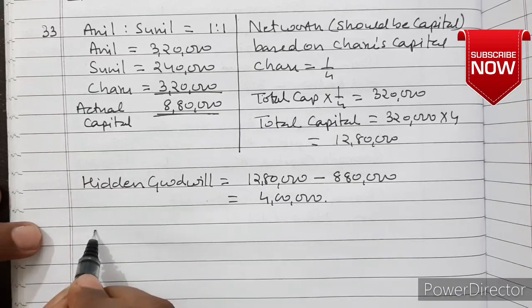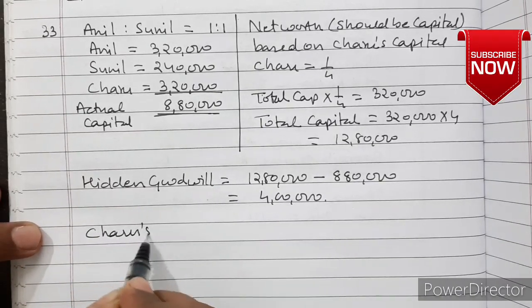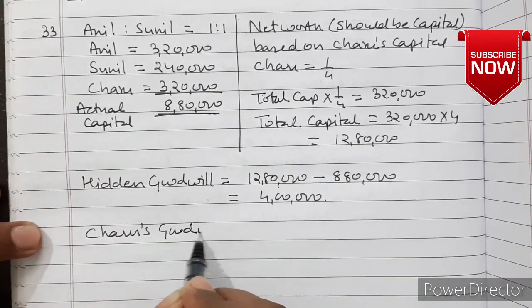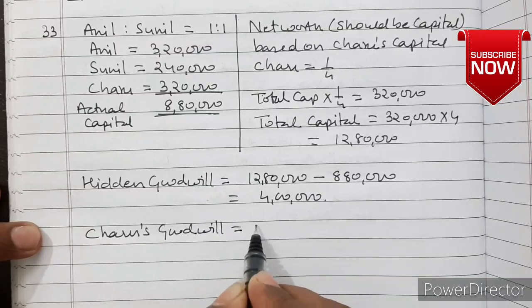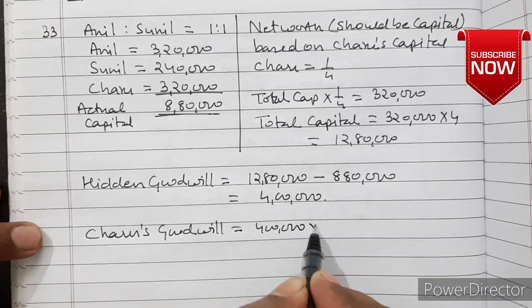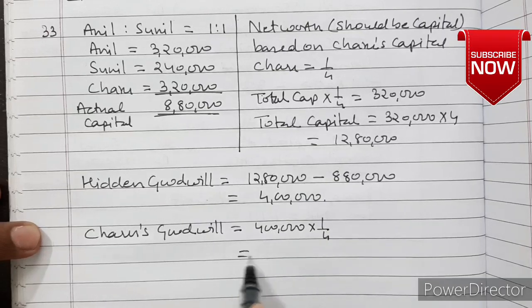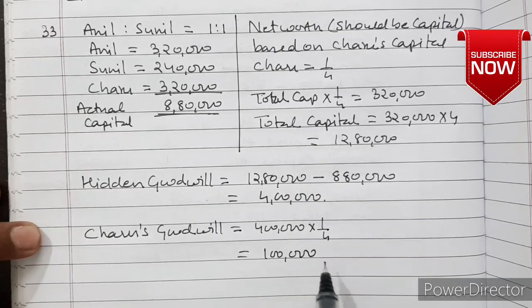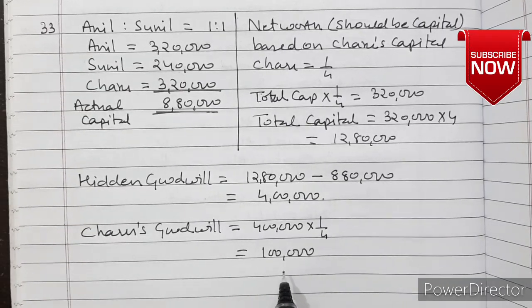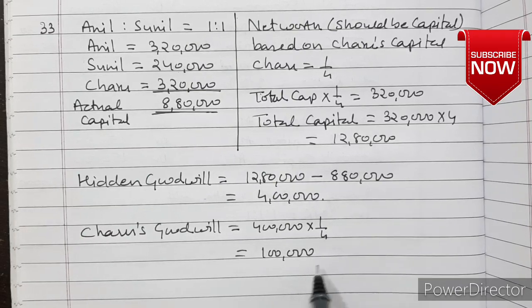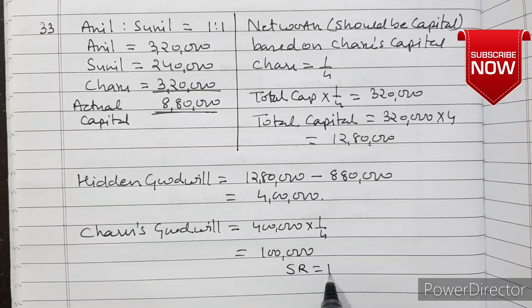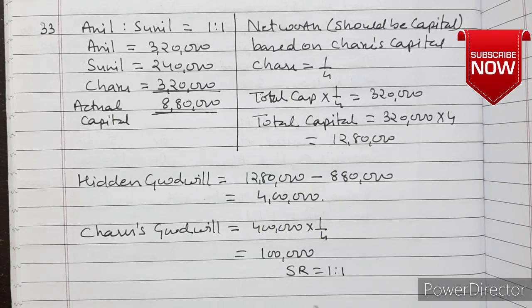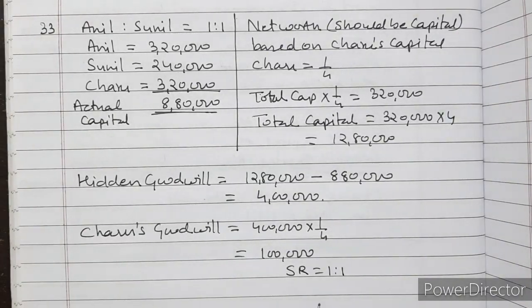So Charu's goodwill is equal to 4 lakh into 1 by 4, which is equal to rupees 1 lakh, and it will be distributed to Anil and Sunil in sacrificing ratio, and sacrificing ratio is nothing but 1:1. Even if we calculate, it will be 1:1.